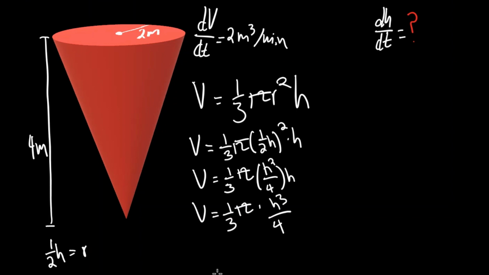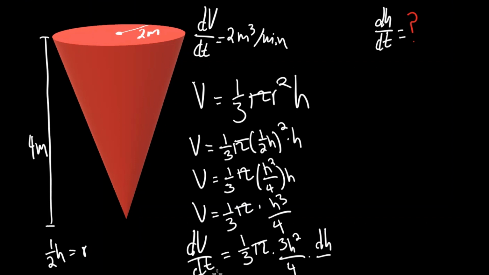Now we want to take the implicit derivative with respect to time. So dv over dt equals 1 over 3 pi, and since this is cubed, we get 3h squared over 4 times dh over dt.